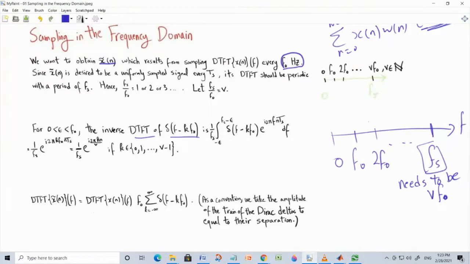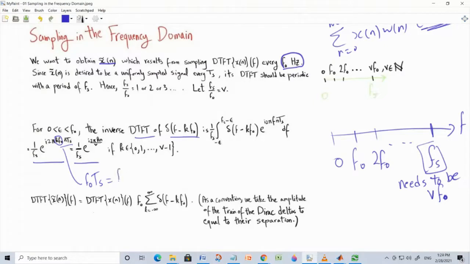Okay, so what if you have a Dirac delta at kF0? Again, you can just apply the formula for the inverse DTFT, and the result that you will get will be 1 over Fs e to the i 2 pi kF0 nTs, where nTs is the location. And what is F0?